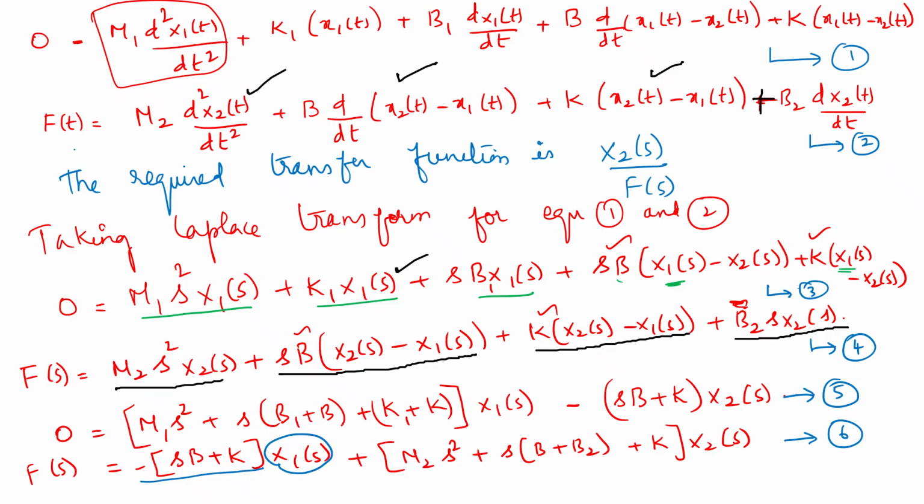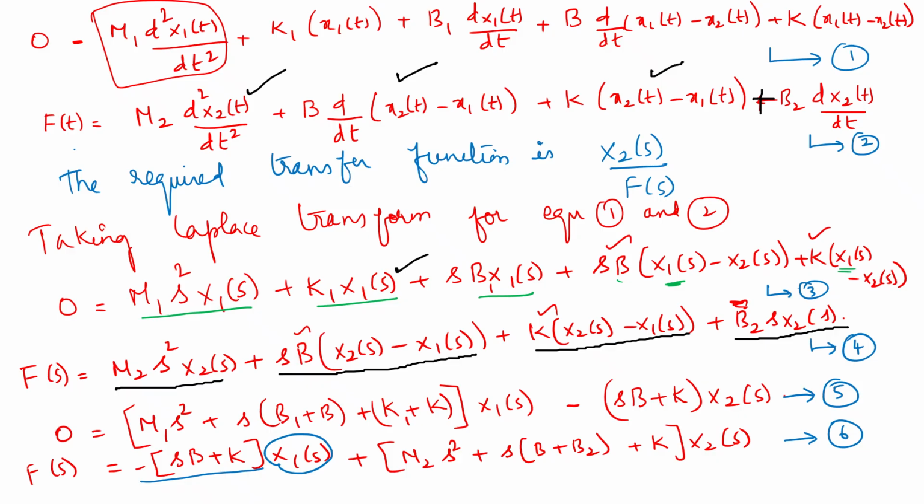Let us mark these two equations as equation 3 and 4, and we can find the displacement x1 common in some of the terms and x2 common in some of the terms. So rearranging the equations and considering x1 and x2 common in some of the terms, we can get equations 5 and 6, which are shown below.